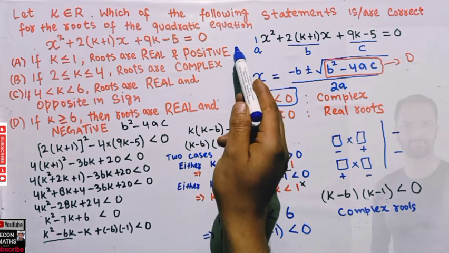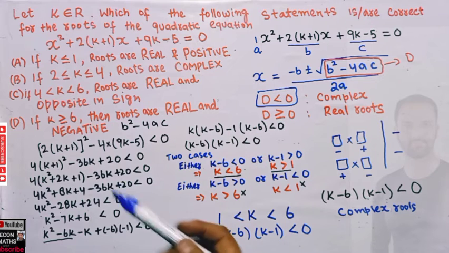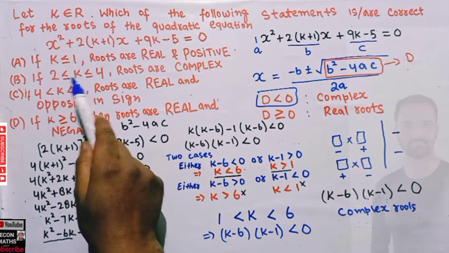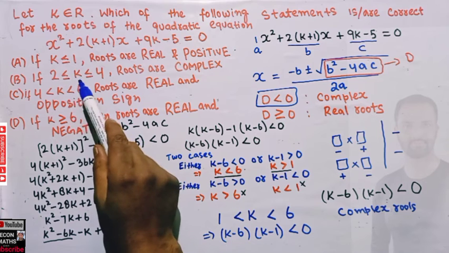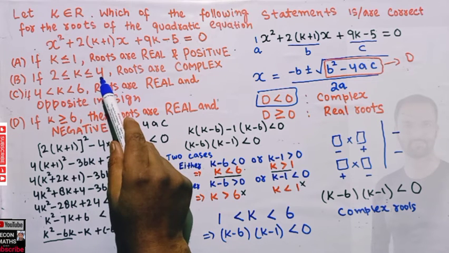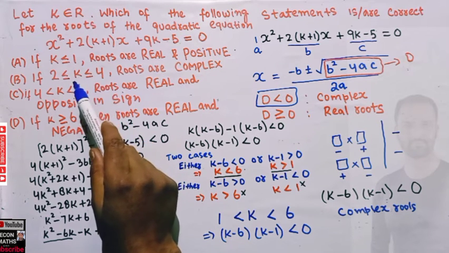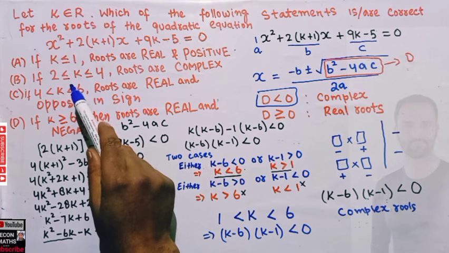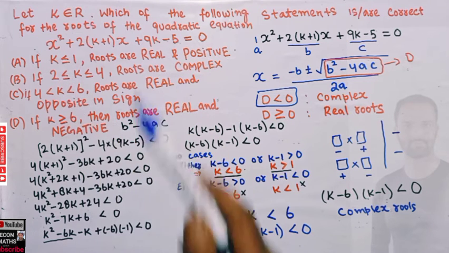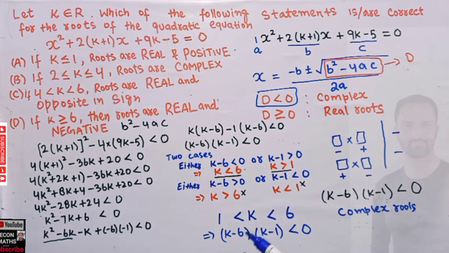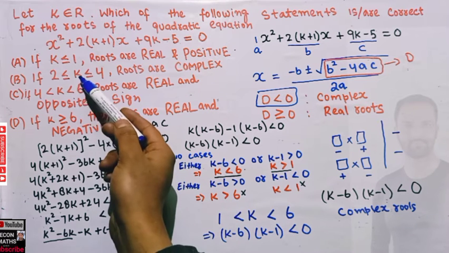We will not be sure for this option. Now if k lies between 2 and 4, that is, k is less or equal to 4 and greater or equal to 2, then roots are complex. Let's find out whether this is being satisfied here.